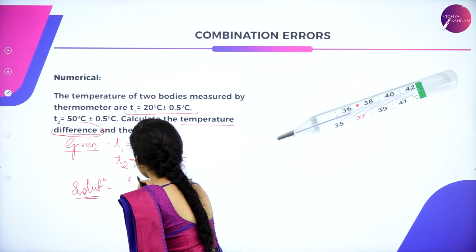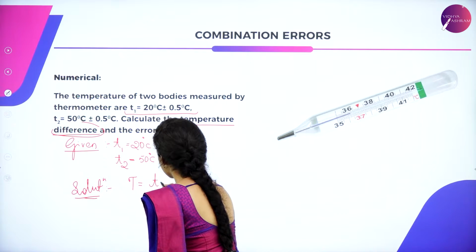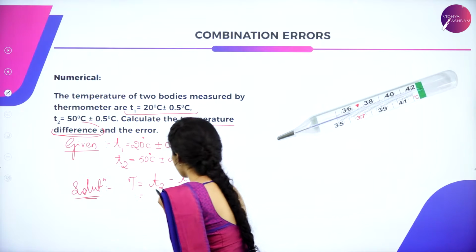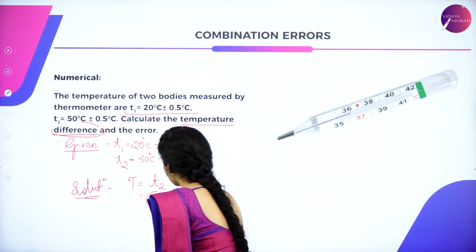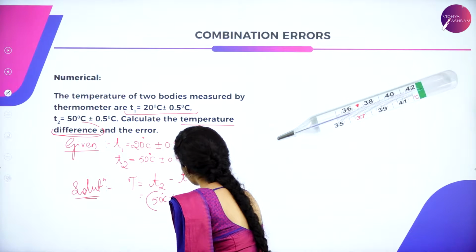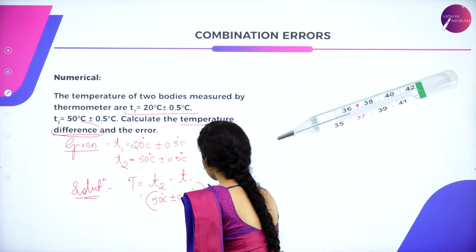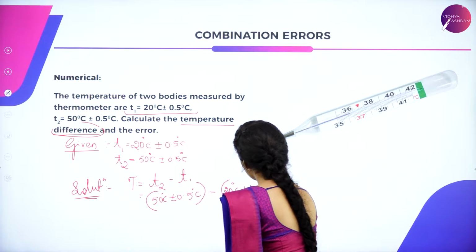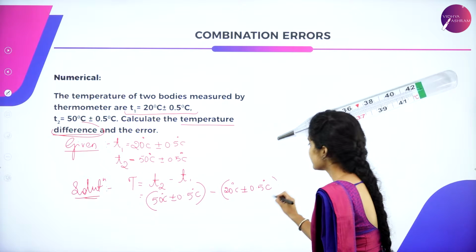So T is equal to T2 minus T1. Substitute for T2, that is 50 degrees Celsius plus or minus 0.5 degrees Celsius, minus 20 degrees Celsius plus or minus 0.5 degree Celsius.